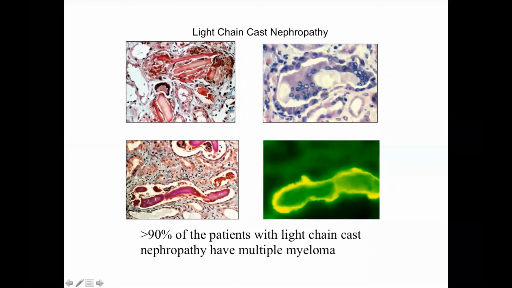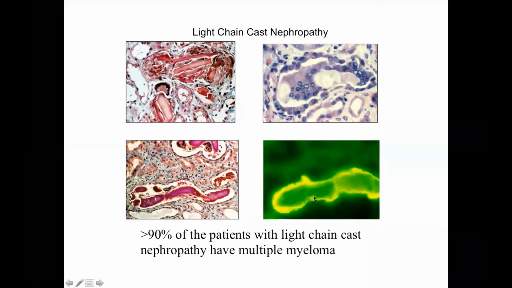This is how it's going to look. Inside the tubules we have cracked casts, and they're going to be brick red on the trichrome. And if we are lucky, we might be able to see that they are restricted for one of the light chains on immunofluorescence, if they are present.